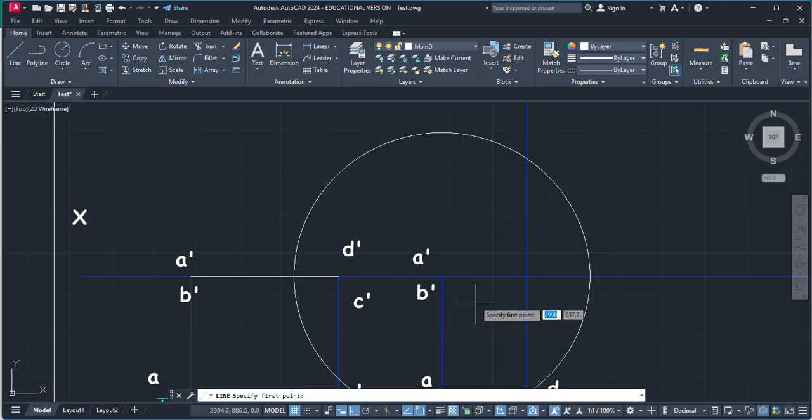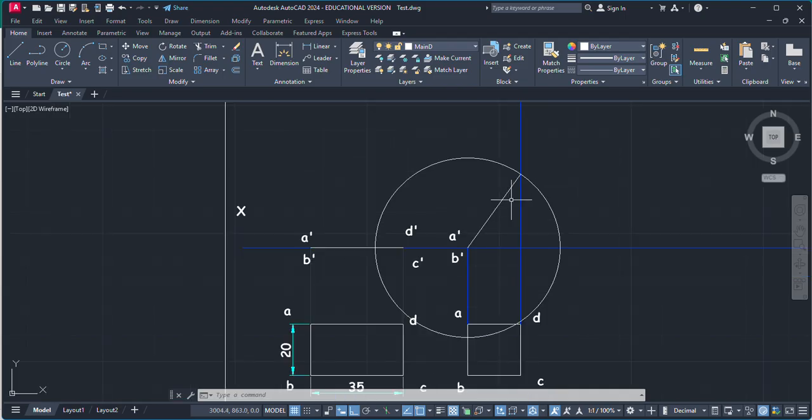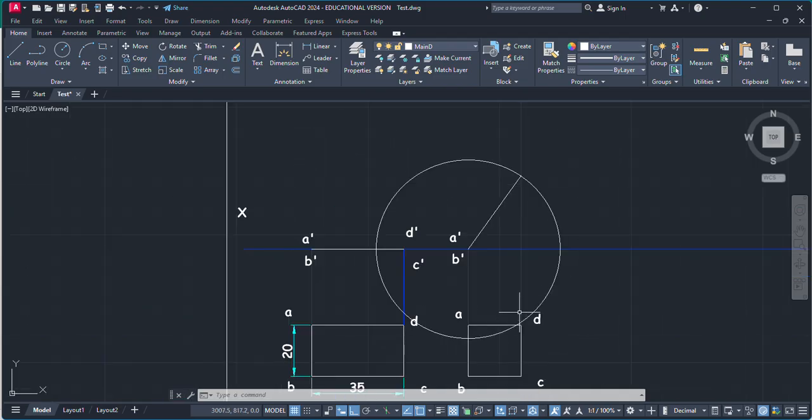If you draw a line from the center point to this intersection point, this length is 35 mm. The circle and this vertical line intersect at this point, and we know in this vertical line we have the end point d dash c dash. So this intersection will give us d dash and c dash.